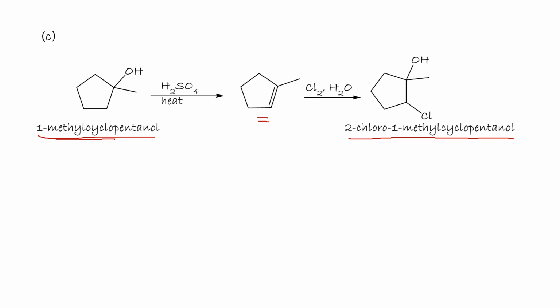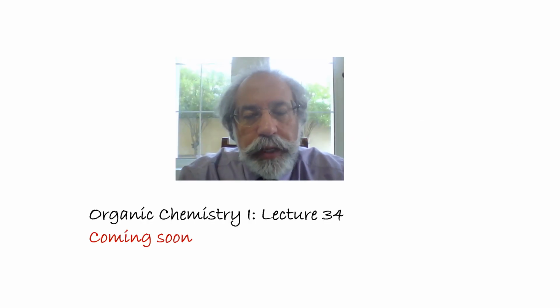The Cl will add to the carbon carrying more hydrogens. Then we add the OH to the more substituted carbon, and we get 1,2. So it is 2-chloro-1-methylcyclopentanol. See you in the coming lecture. Bye bye.